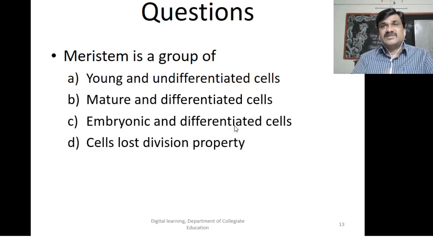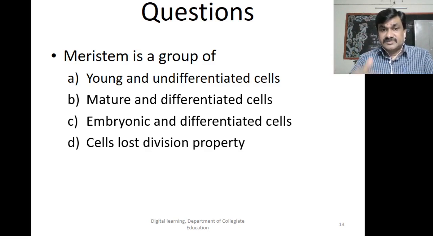So we will recall the session by asking some questions. The first question here is, meristem is a group of option A, young and undifferentiated cells. Option B, mature and differentiated cells.